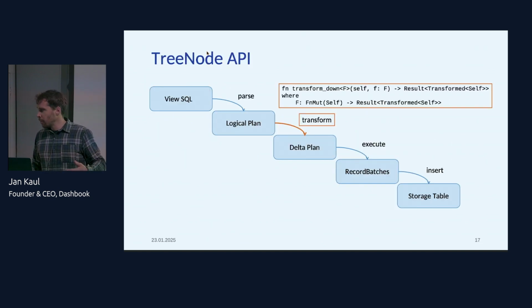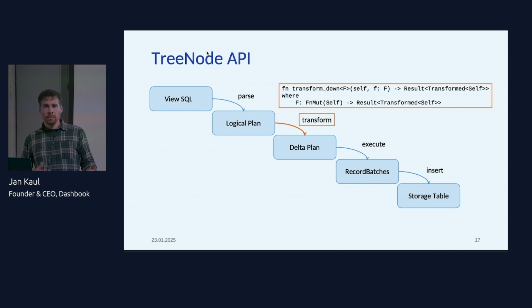The general process looks like this. I have the view SQL, which I will parse into a DataFusion logical plan at the beginning. And then I can use the tree-node API from DataFusion to transform this logical plan according to the rules that I just presented to you into a new delta plan, which I can calculate to get the rows which I have to add or delete.